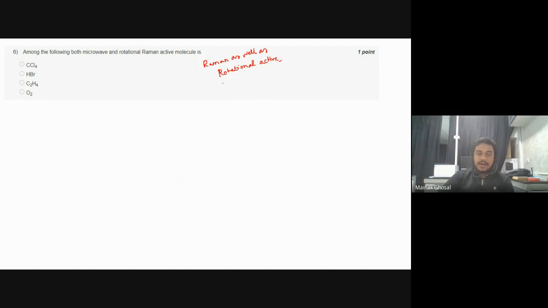So first you need to know what two conditions should be fulfilled to be Raman active, and what conditions should be met to be rotationally active. To be a Raman active molecule, your condition should be d mu to d mu. No, this will be E. So I am writing it in the lower portion.